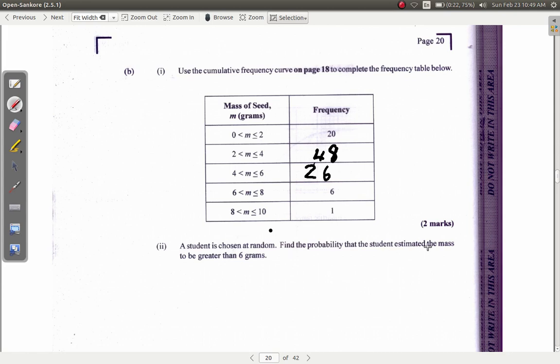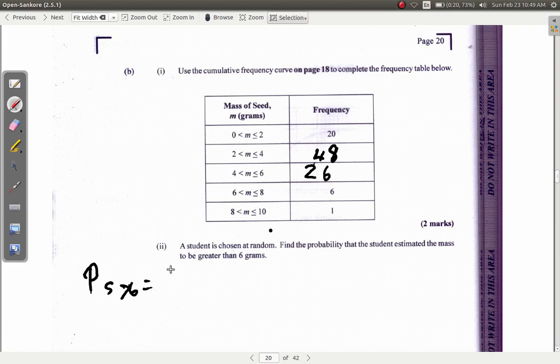The next thing here under part B, they say a student is chosen at random. Find the probability that the student estimated the mass to be greater than 6 grams. So what you're really finding is the probability that the student estimated the mass to be greater than 6 grams.